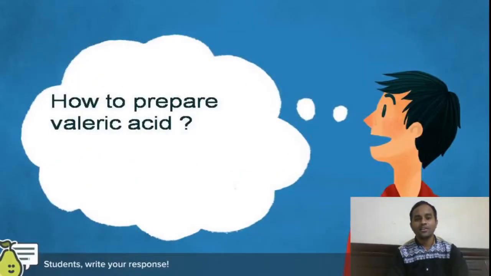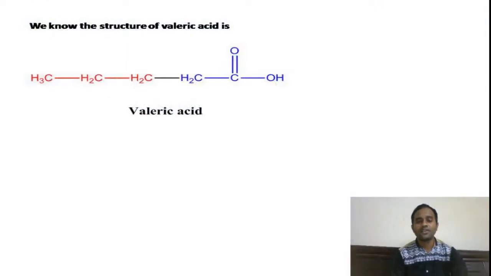And here is a question for you: how to prepare valeric acid? For this we have to draw the structure of valeric acid. This is the structure of valeric acid, which contains 5 carbon atoms, and valeric acid is the common name.